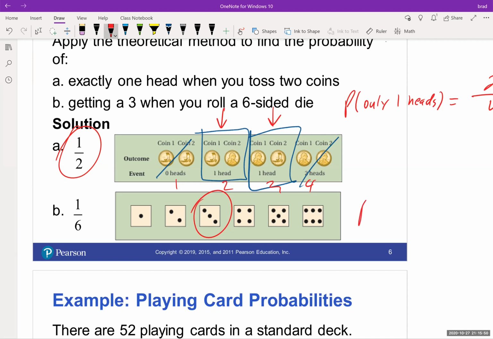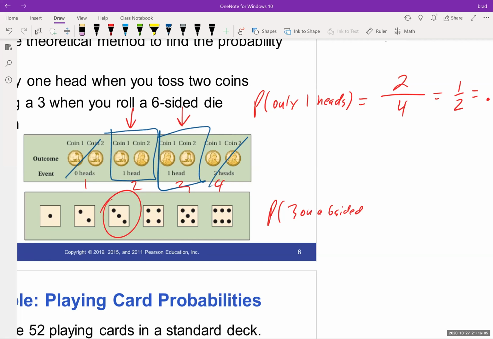So the probability of a 3 on a 6-sided die is 1 out of 6, because there are 6 outcomes and only one of those outcomes is a 3. All right.